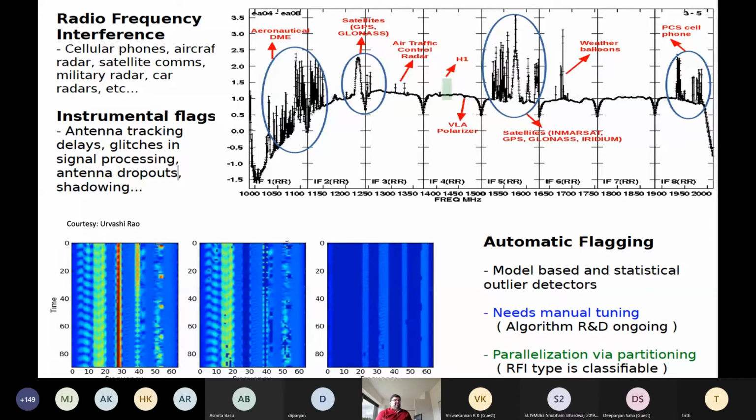So we are fine to observe it, but we have to get rid of it because our science case is different: not to hear somebody else, but to hear from the cosmos. The nearby communications on Earth are basically noise for us. They are much stronger than the cosmic signals, so they have to be removed from the data, what we call flagged or excised, before we can proceed to a reasonable analysis of the data.